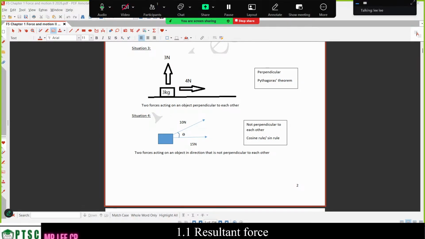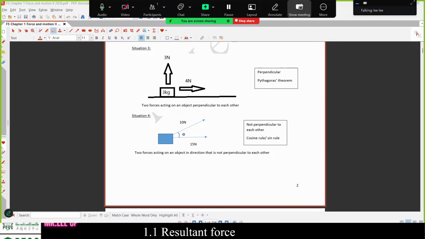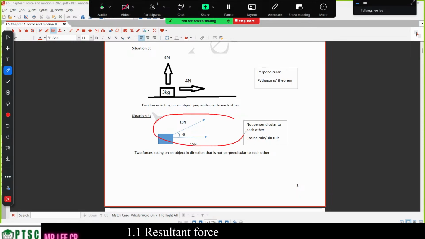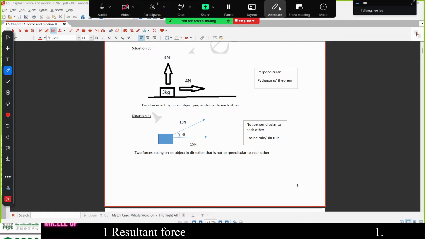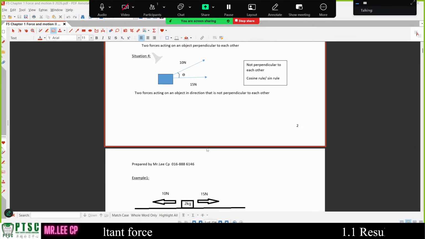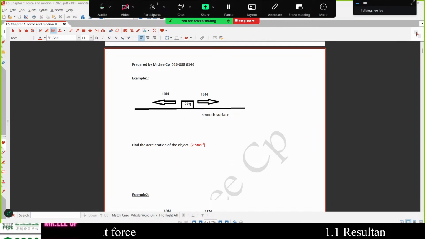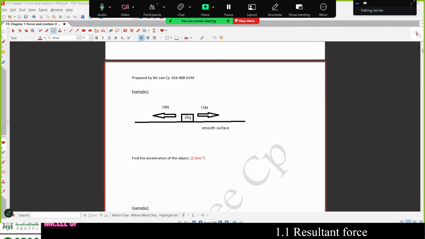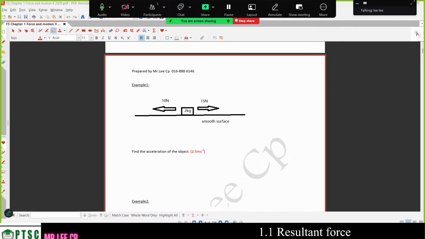But this kind of question very seldom comes out. You are going to learn it in detail in your additional mathematics, sine rule and cos rule. I don't know whether you have learned it or not. Last time it was in form 4, but now I am not sure about the new syllabus because I don't teach maths anymore.